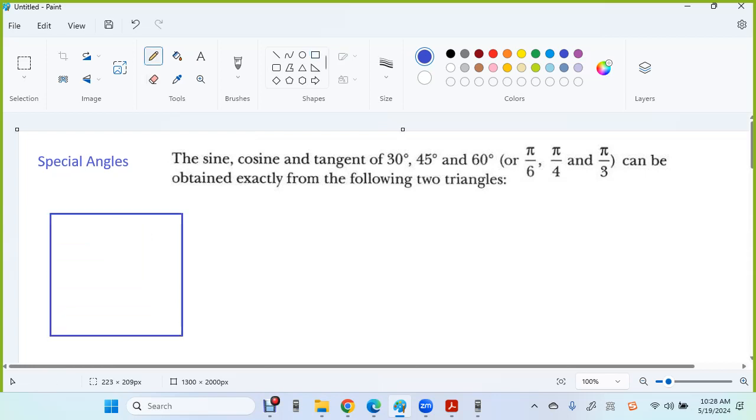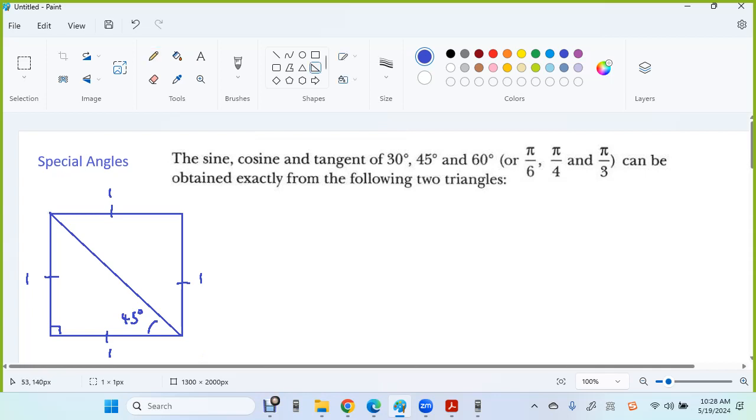Imagine we have a square. All sides have the same length, and all angles are 90 degrees. Then we cut it in half. This will be 45 degrees, and let the sides be 1, 1, 1, and 1 here.